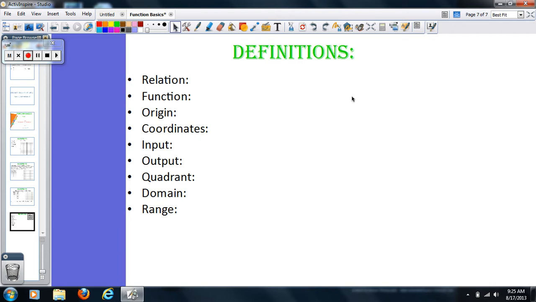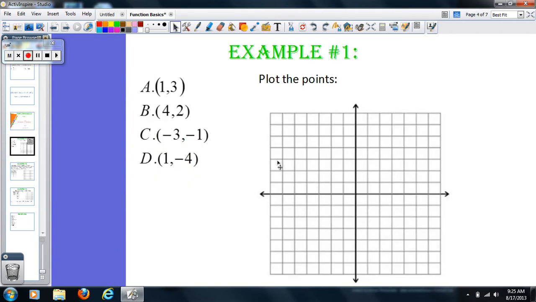Now let's go back to the graph. We're going to start at the origin just to get you familiar with the coordinate plane. This is what we call a coordinate plane. This is our y-axis. This is our x-axis.